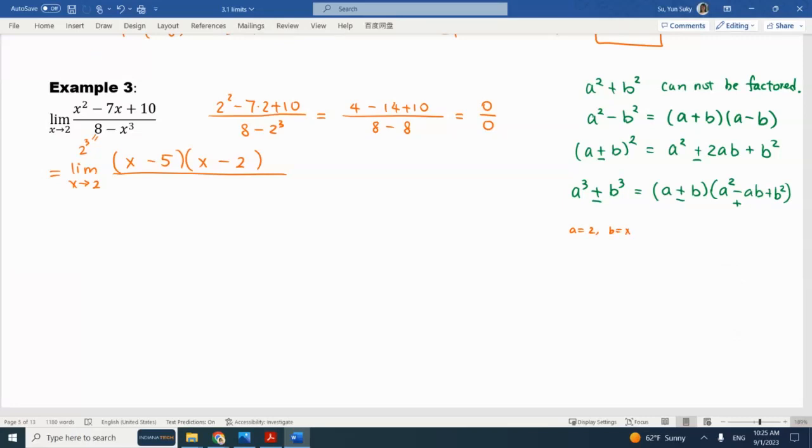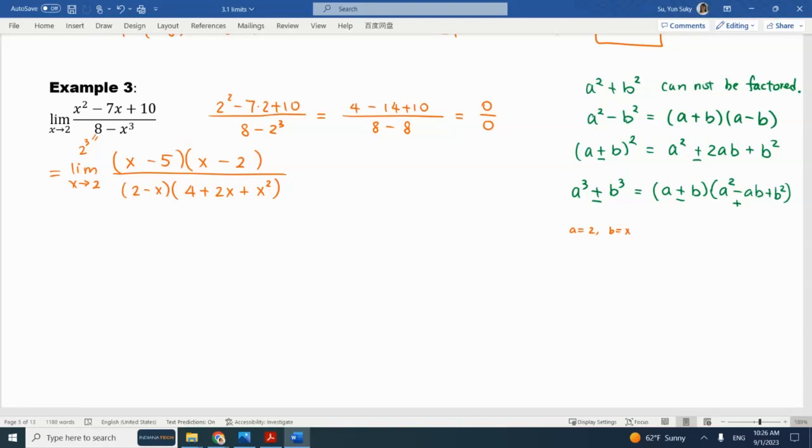Therefore, the first factor you get what? 2 minus x, times 4, minus or plus? Plus 2x plus x squared.